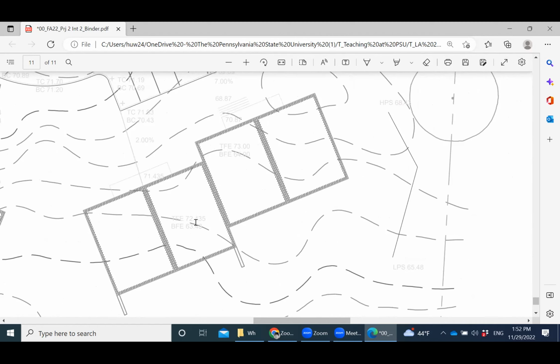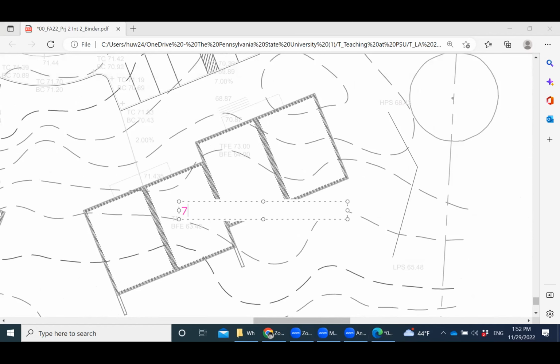Yeah, this one, for instance, if this one is 72.33, and that one is 73.00, the difference between them is exactly 0.67. So it's one block. Does that make sense?